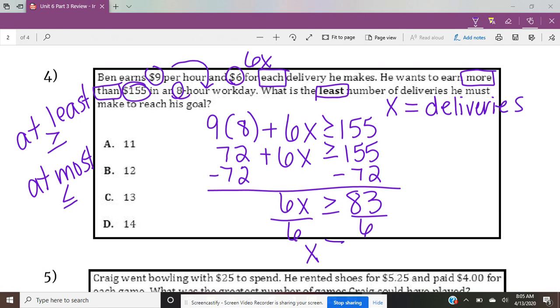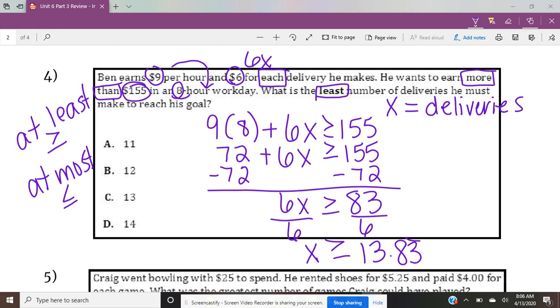So x is going to be greater than or equal to 13.8. Sorry, it's 13.83 repeating. Now, it's important to understand that he wants to make $155.